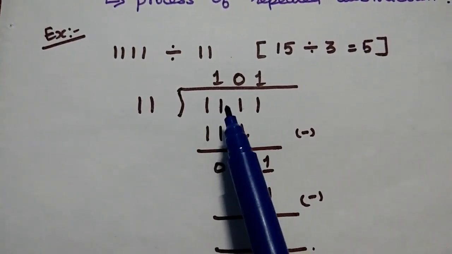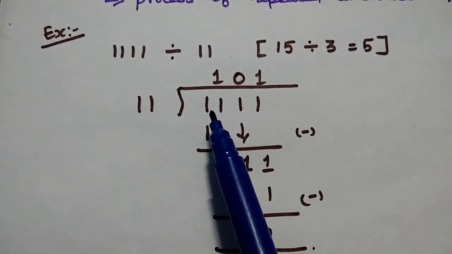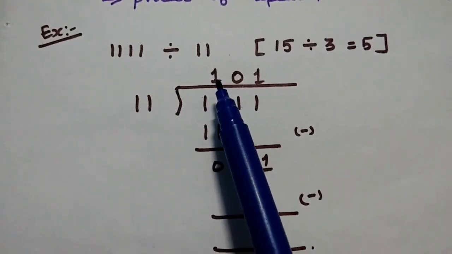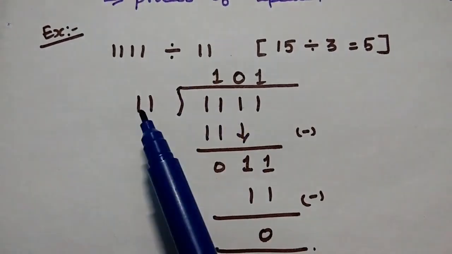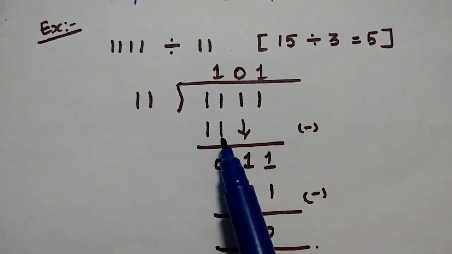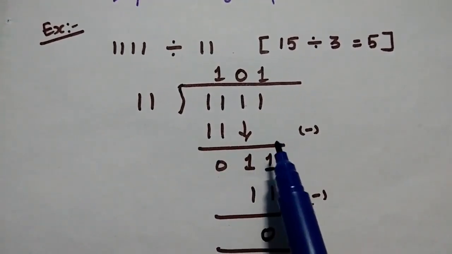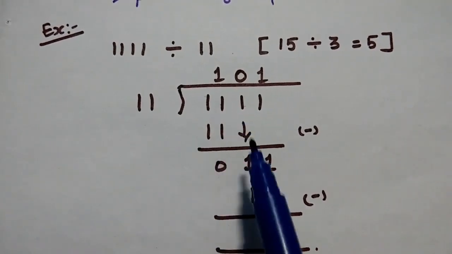So then combine the next 1 also together. So here now we have got 11, which is equal to 11. At that time we can put 1 on the top of this long division and write 1 multiplied with 11, which gives the same answer as the divisor, 11.